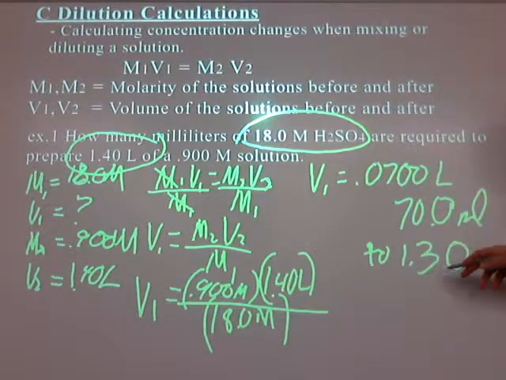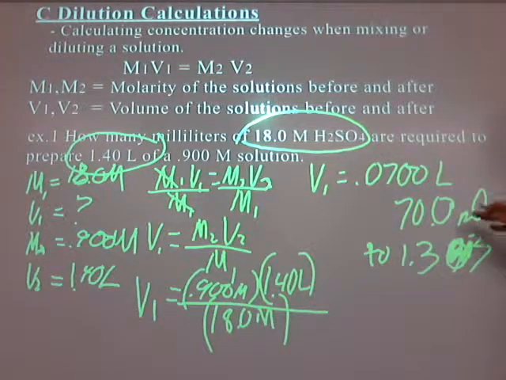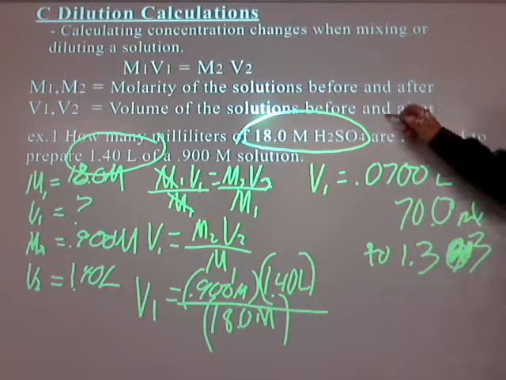No, wait, 0.33, sorry. So basically 1,330 milliliters of water and 70 milliliters of sulfuric acid. Right? Okay.